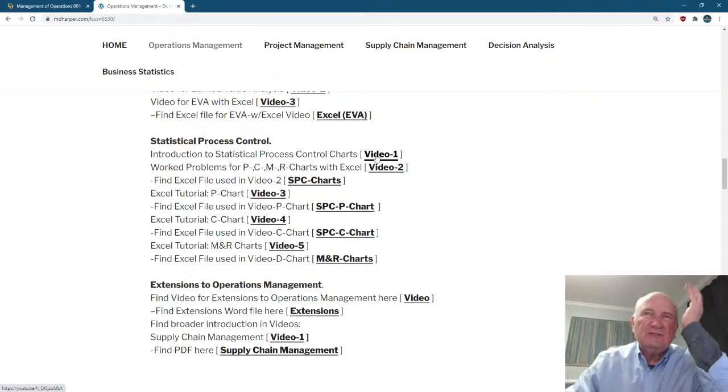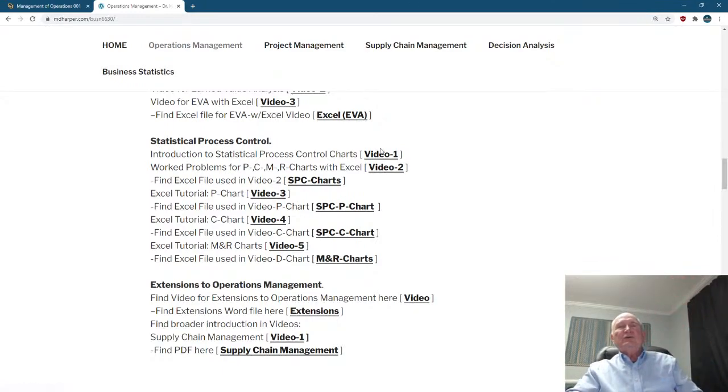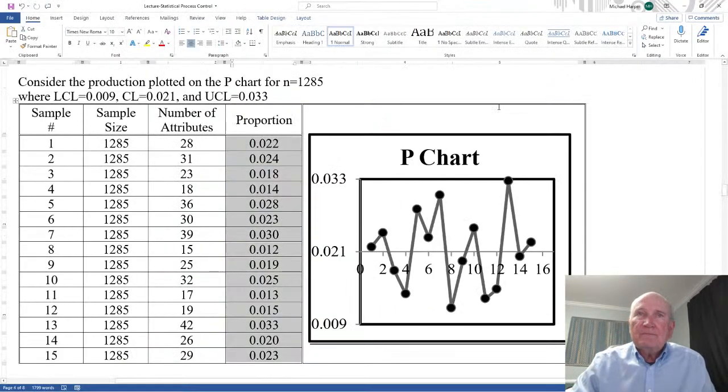Okay, and this is not necessarily for academia. This is more for industry. This is how you would do it, and to review when you're doing it in industry. Okay, and these others down here are just mechanics on doing the charts.